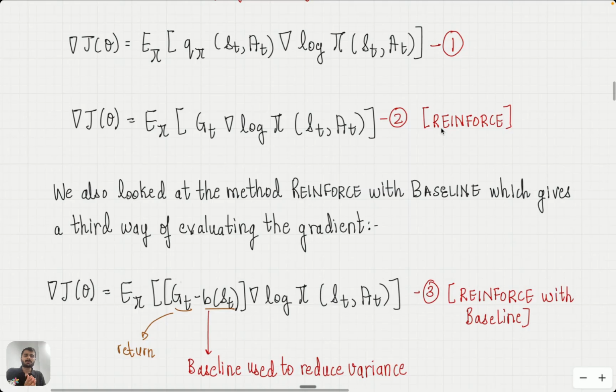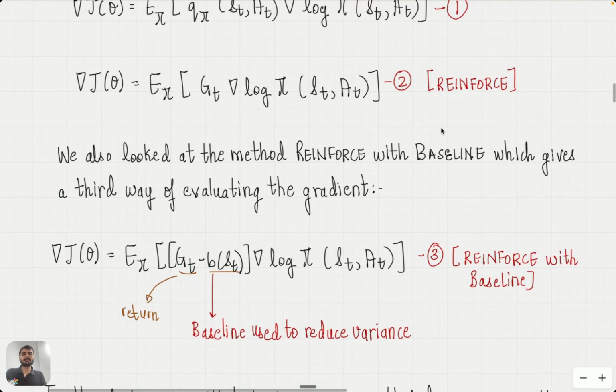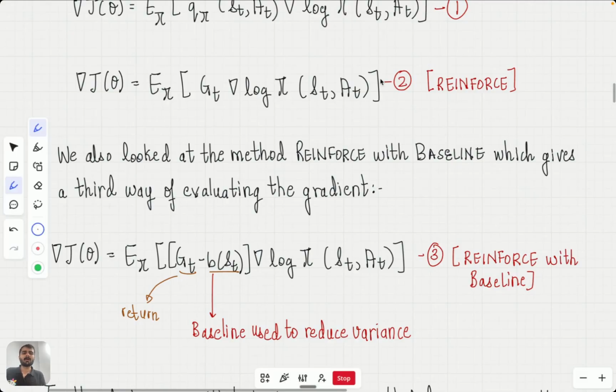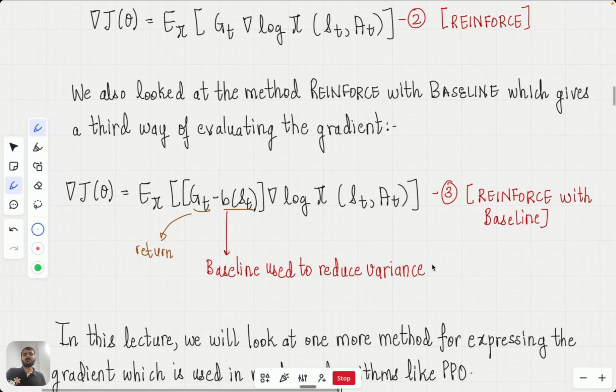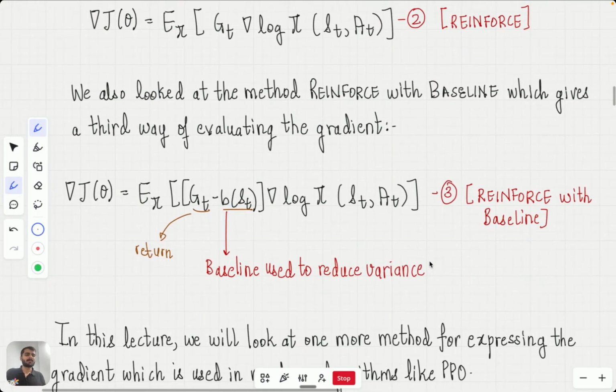So if you subtract each sample from a baseline which depends only on the states and not on the actions, it turns out that you can reduce the variance to a great extent. So in practice, there is always a baseline which is subtracted from the Monte Carlo return, and then the actual expression looks like this. So there are three methods: method one, method two, and method three, for solving these problems using the policy gradient methods.